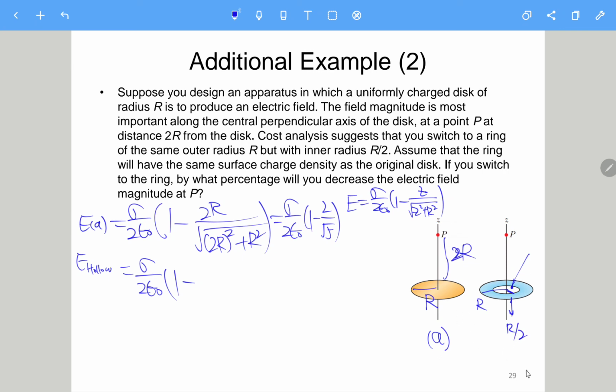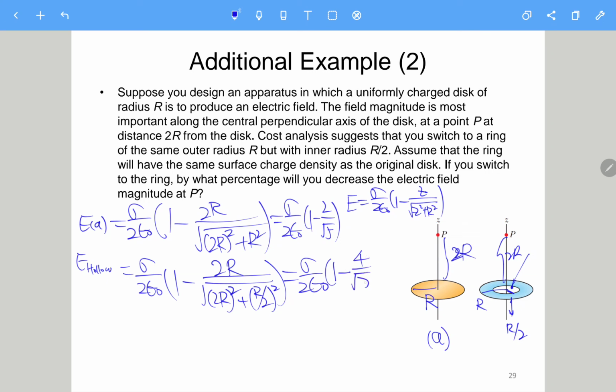So for the hollow part, z is still 2r, so we have 2r quantity squared, and the radius now is the smallest one, which has a radius of capital R over 2. So here we have capital R over 2 quantity squared. So this value will be sigma over 2 epsilon naught times 1 minus 4 over square root of 17.